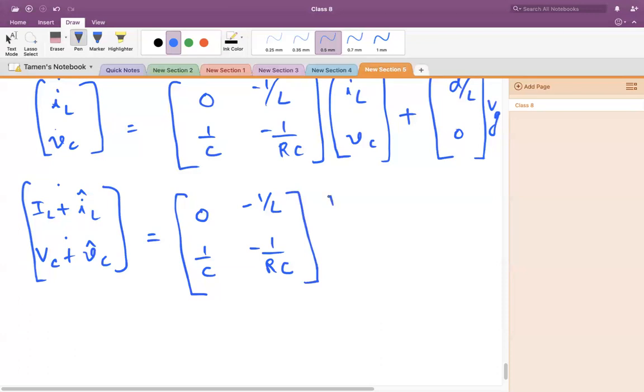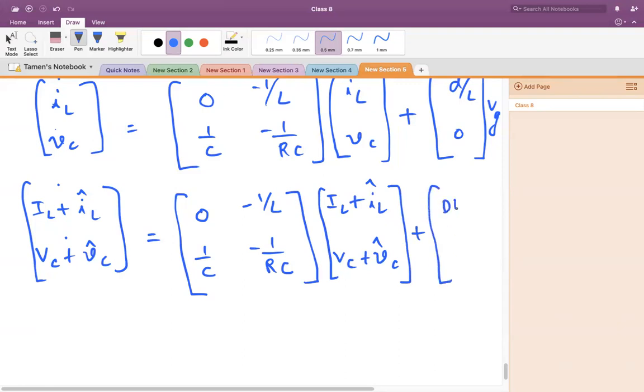Now in this case, we again have the variation part: D plus D hat by L, 0, into VG plus VG hat.